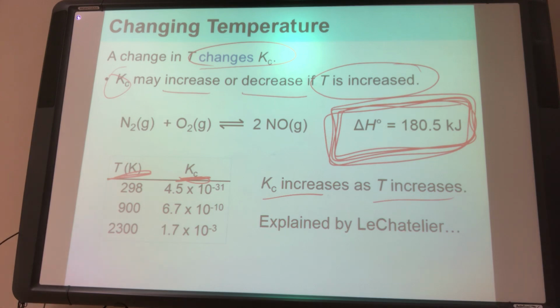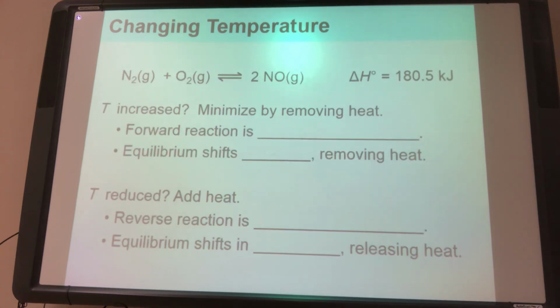It depends on if it's an endothermic or exothermic reaction, and I get that from the enthalpy of the reaction. So let's look. Remember here, this number, if it's positive, it's endothermic. If it's negative, it's exothermic. So you got to look at it from that way.